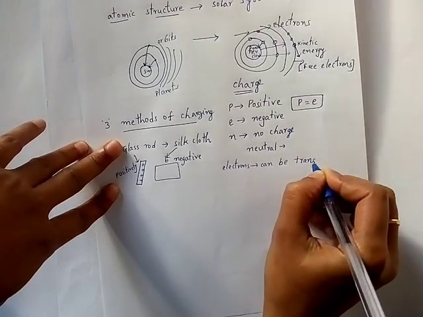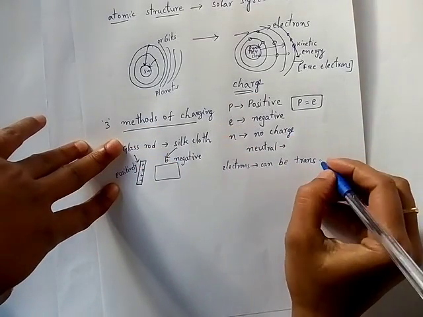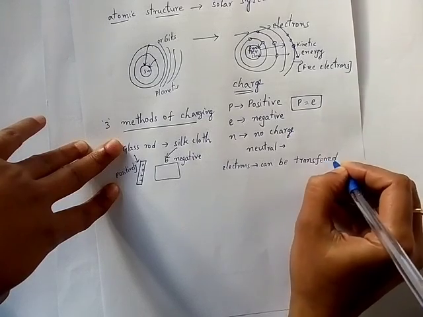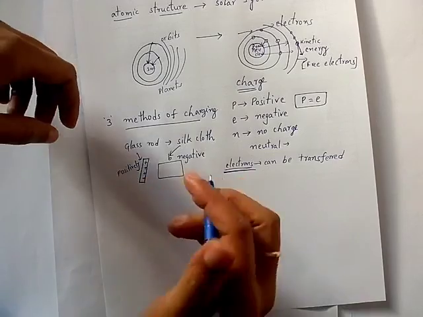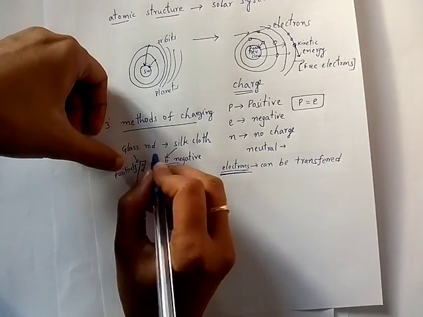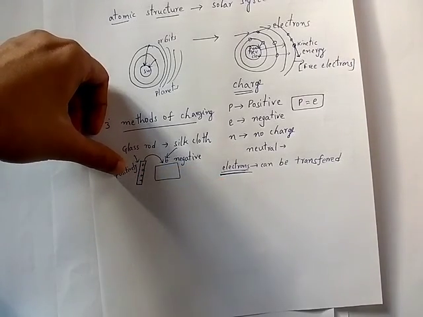Protons are in the nucleus and tightly connected with it. Remember this: only electrons are movable. Now some of the electrons from the glass rod will go to the silk cloth.